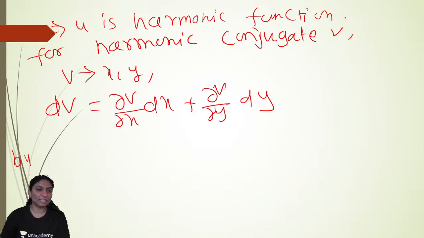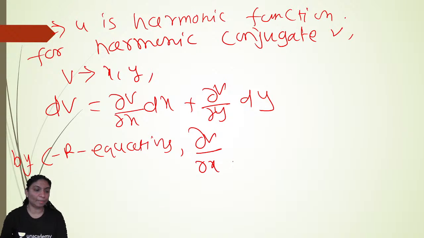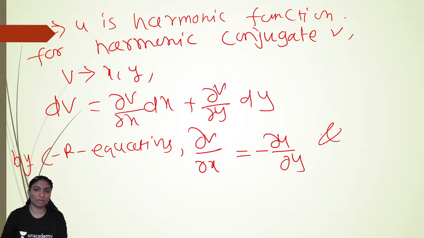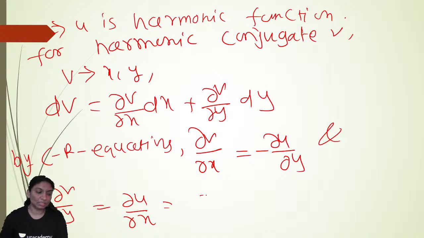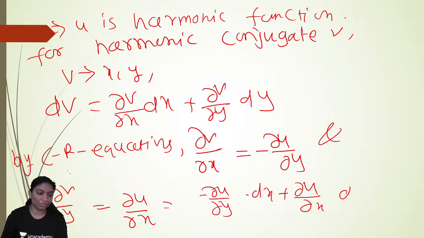Okay, so by CR equations, here we will get ∂v/∂x is equal to minus ∂u/∂y and ∂v/∂y is equal to ∂u/∂x. So dv is equal to minus ∂u/∂y into dx plus ∂u/∂x into dy.